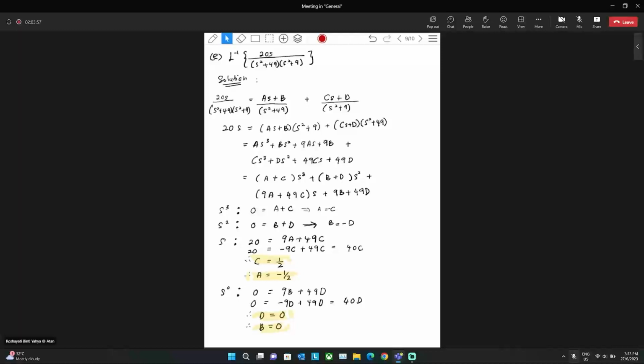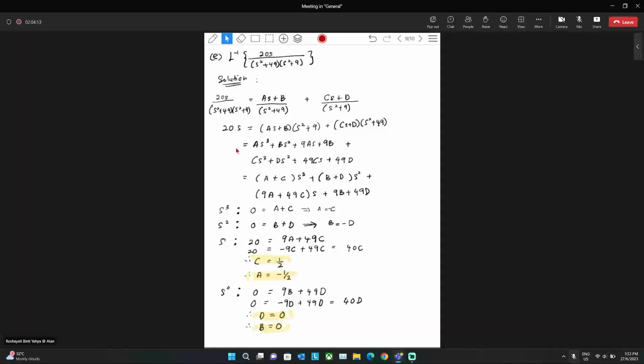So if you find out that you have s to the power of 3, 2, like this, you need to use equating coefficients, or in simple words, you compare your left and right hand side.